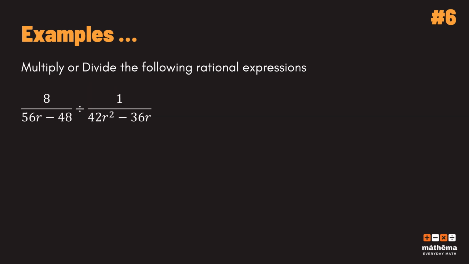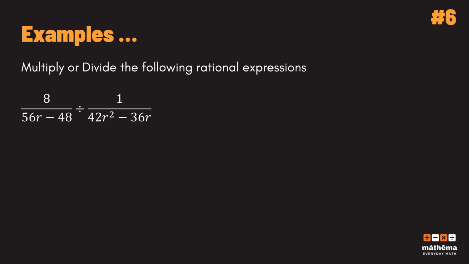Last one, we have division, dividing rational expressions. So we have 8 over 56r minus 48 divided by 1 over 42r squared minus 36r. Again, remember earlier when we divide fractions, we get the reciprocal of the divisor and proceed to multiplication.